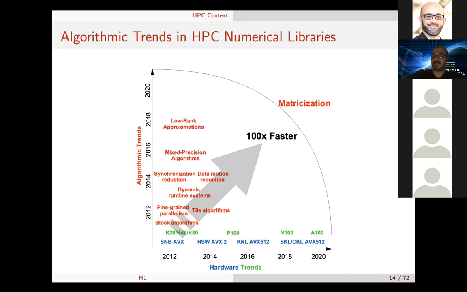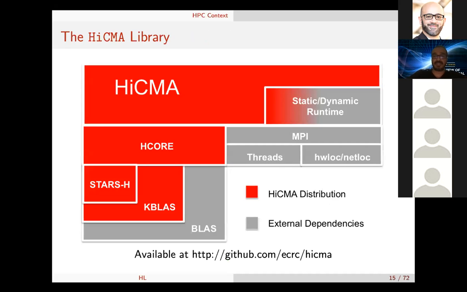Okay, so those are really important insights to know about how the hardware vendors are moving forward, so that you know where to put your eggs as far as developing your algorithm. What are the trends you need to follow so that you can get max benefit of what the vendors are doing. And this boils down to the HiCMA library.